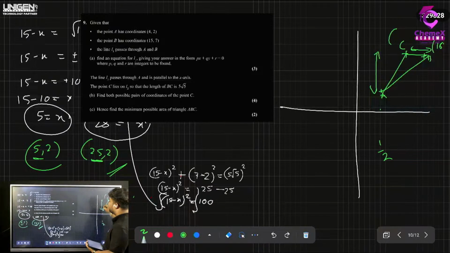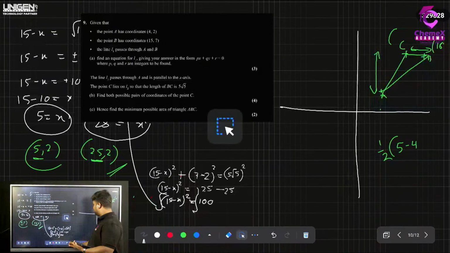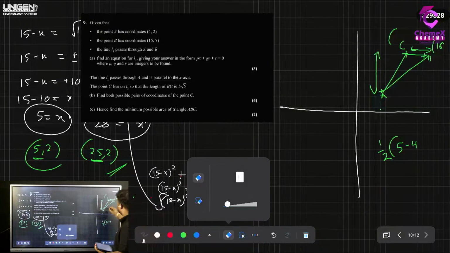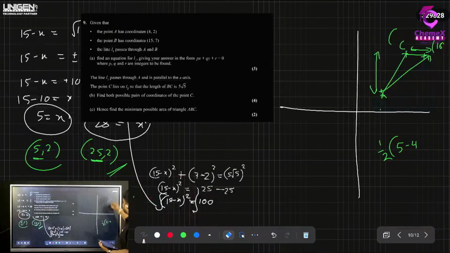So it's 2 minus 7 minus 2, right? 5 minus 2. There is a mistake somewhere. Where is that?